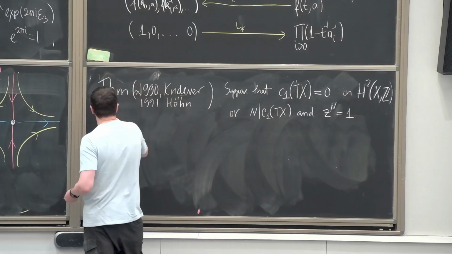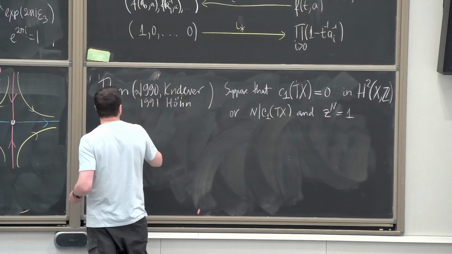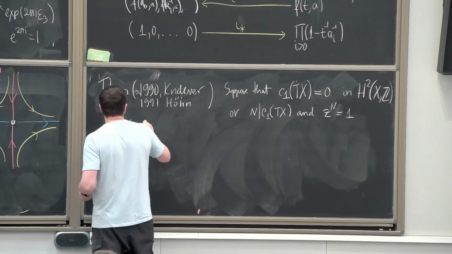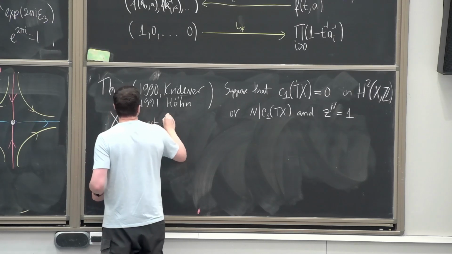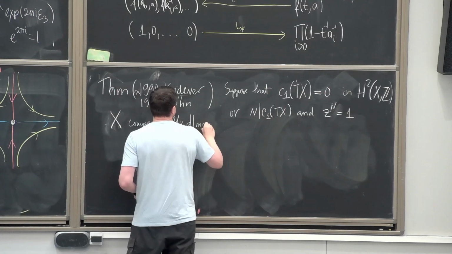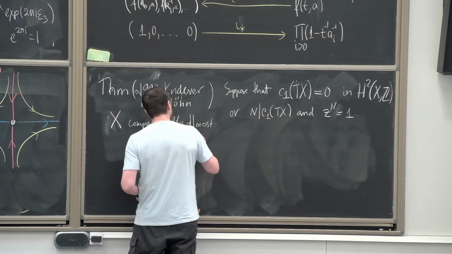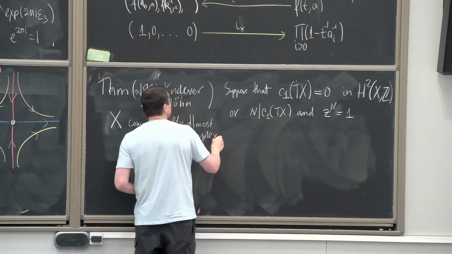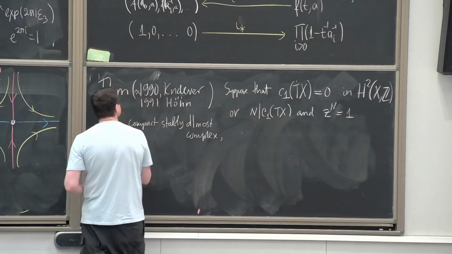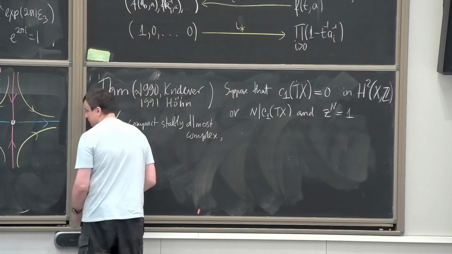Then, X compact, stable almost complex. Then the Krichever genus is in fact rigid.